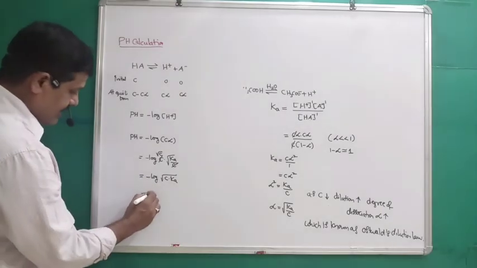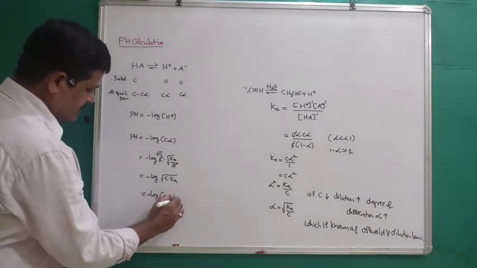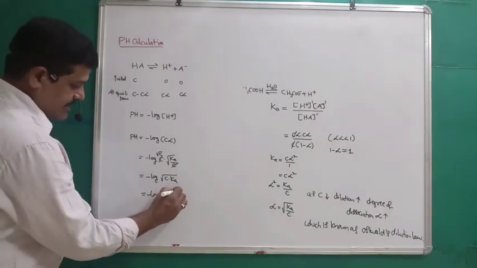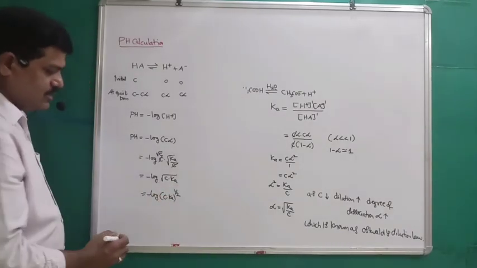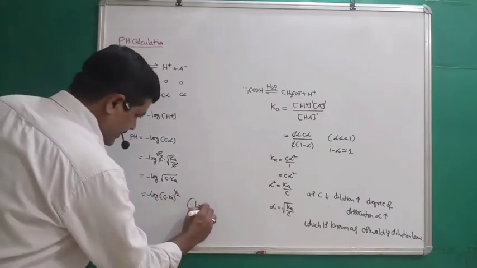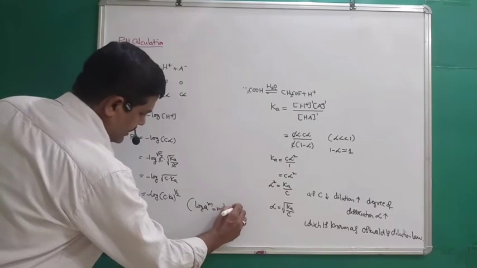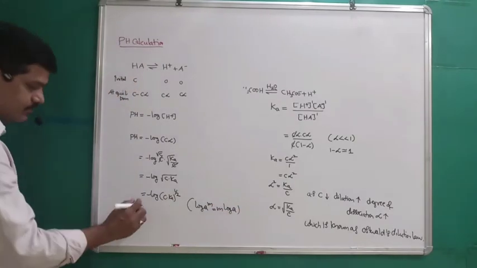This again we can write as minus log of C into K, whole to the power 1 by 2, right? This is in the form of log A power m, which we can write as m log A. In place of m we have 1 by 2.